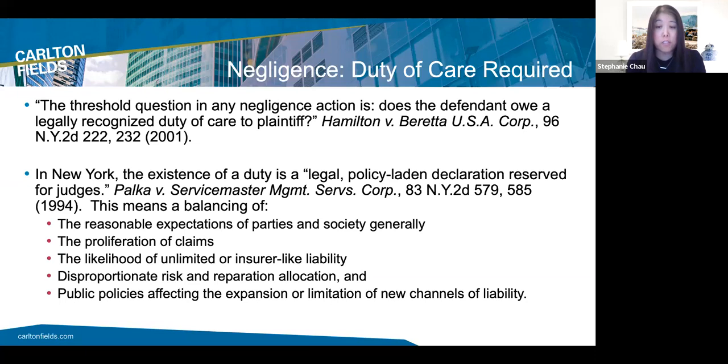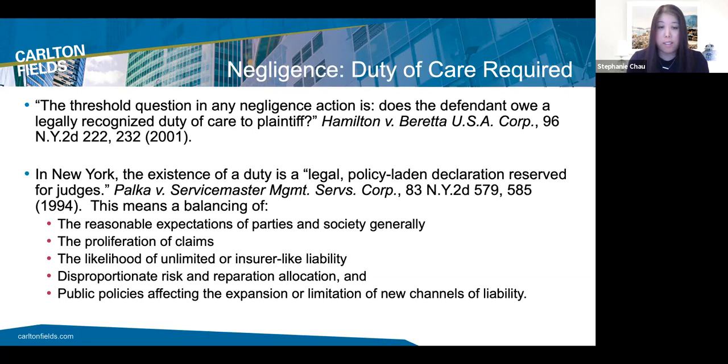And it usually involves a balancing of interests. And in New York, there are a few factors that they have listed for you on the slide there. And it's really to ensure that the courts don't open the floodgates to litigation, but at the same time, they're appropriately protecting the public and imposing standards in the interest of all those involved.